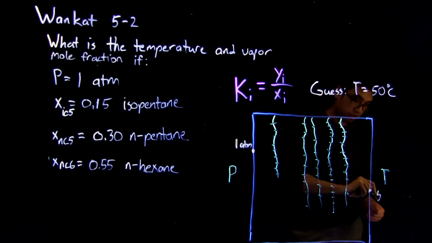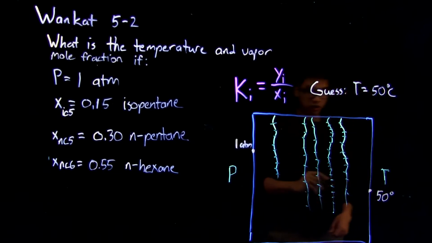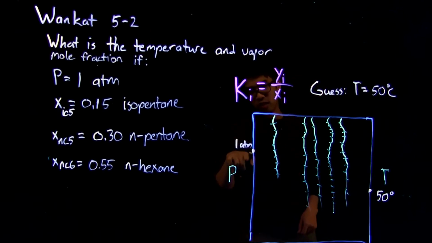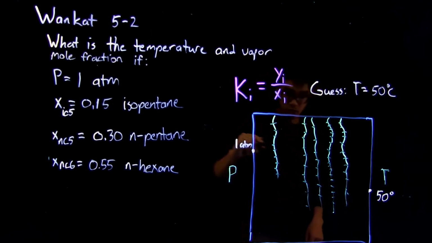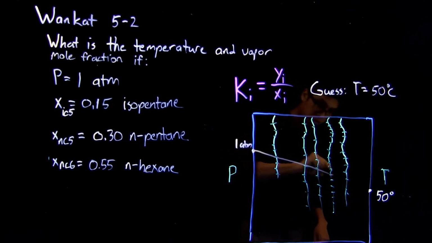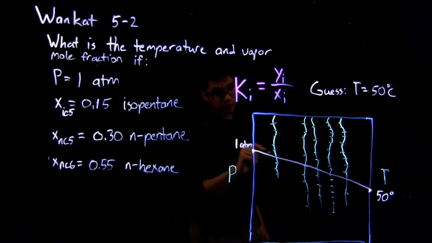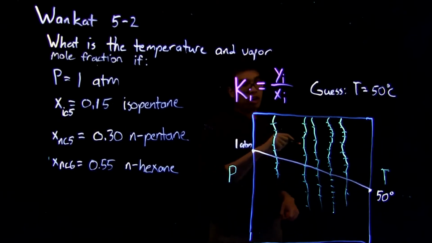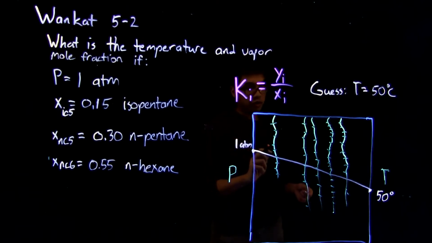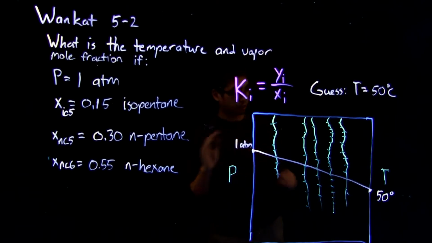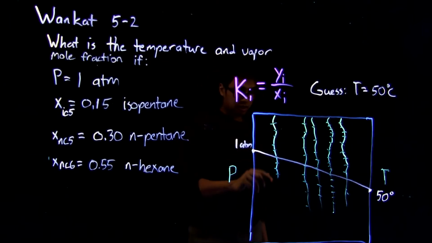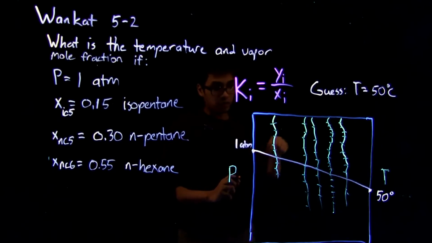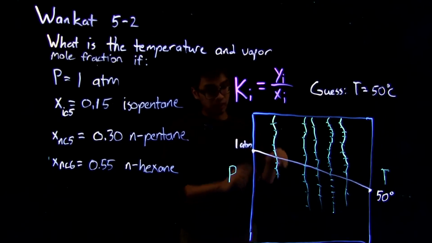What you do now is draw a line that goes straight from your pressure point to your temperature point, like this. Where this line intersects with your squiggly lines corresponds with the K-value of the component specified by that squiggly line. So if this was isopentane, then your K-value would be found right at this point here.